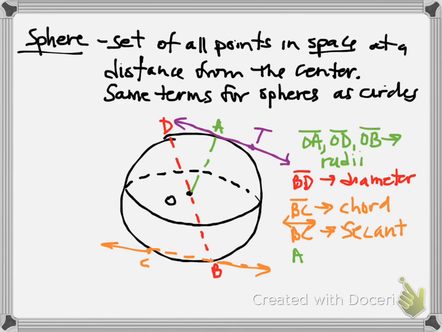A is called a point of tangency. Segment AT is called a tangent segment.